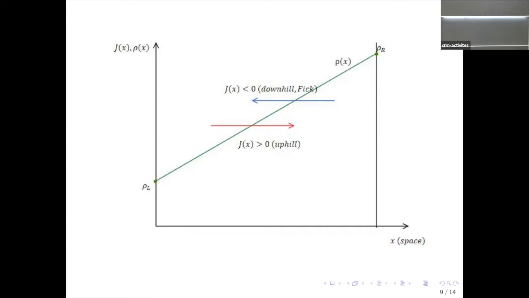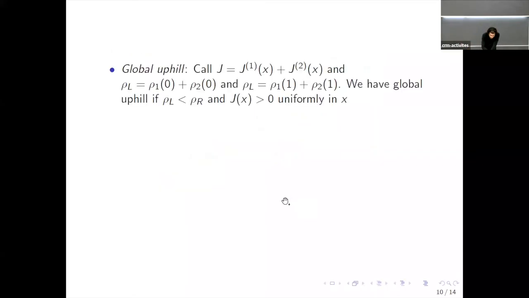An uphill current means that it has the same sign as the gradient of the density. So we can define the global uphill if this violation of Fick's law occurs in the total gradient, so the gradient that can be obtained by summing up the flux of the two species, and where the density is the sum of the two densities.